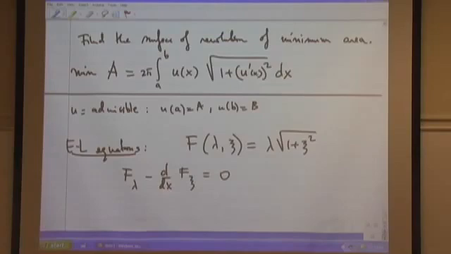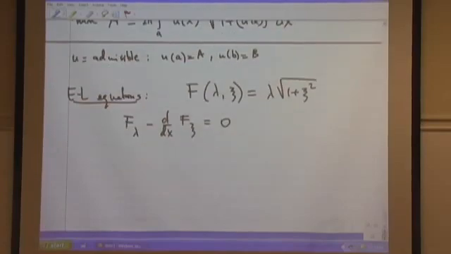What's f lambda? Lambda appears just there, so it's just the square root of 1 plus xi squared, minus derivative with respect to x of, what is f xi?